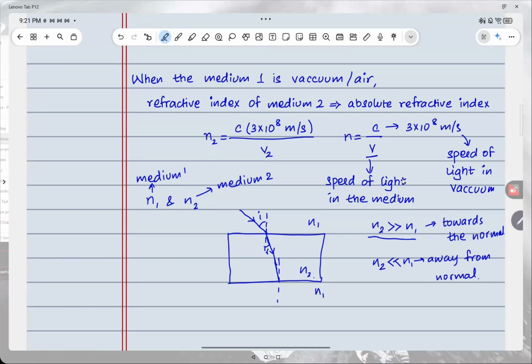When it was going from N1 to N2, it bent towards the normal because N2 is greater than N1. Now since it is going from N2 to N1, it will bend away from the normal.